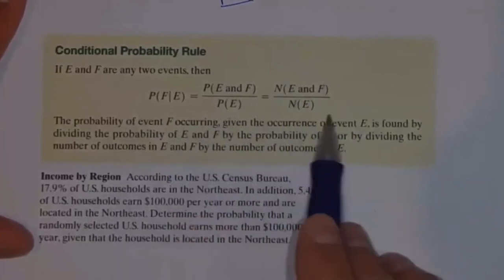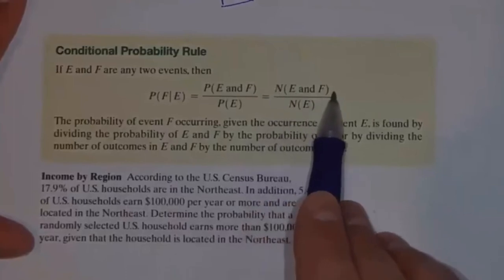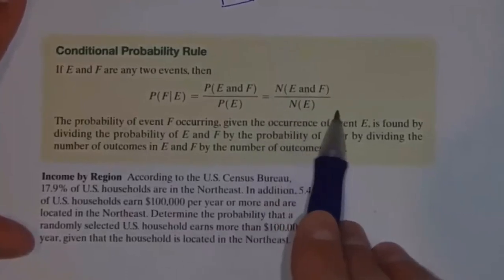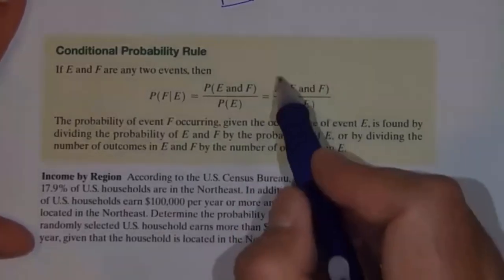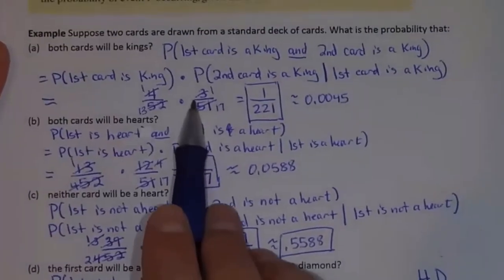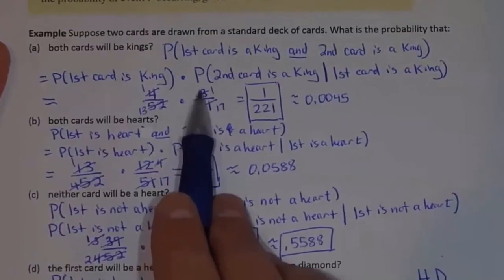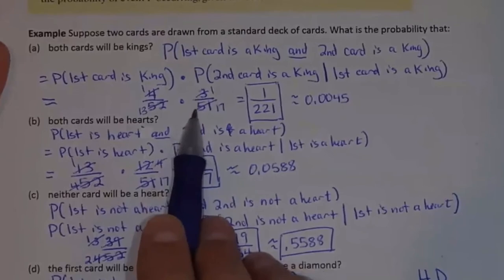Now, another way that we could say that, we could use N. N stands for number of. That would be the number of ways that E and F can both occur divided by the number of ways E can occur. And this is kind of how we've been looking at it. We've actually been doing this part on these problems here. The probability of the second card being a king, given the first card was a king, is the number of ways the second card could be a king out of the number of cards left.